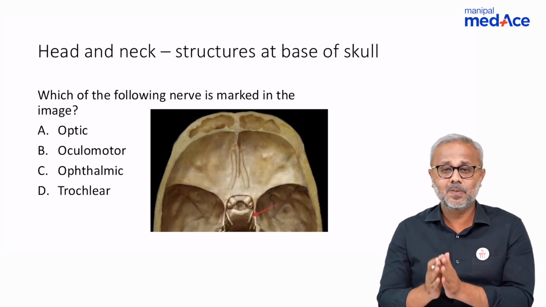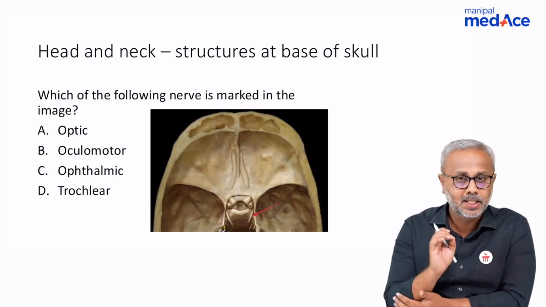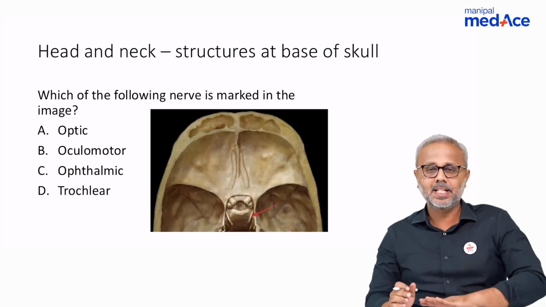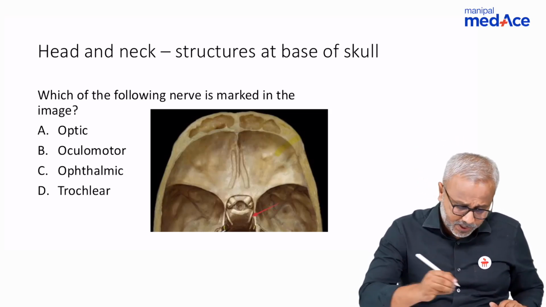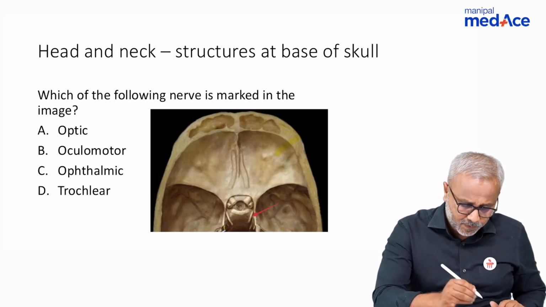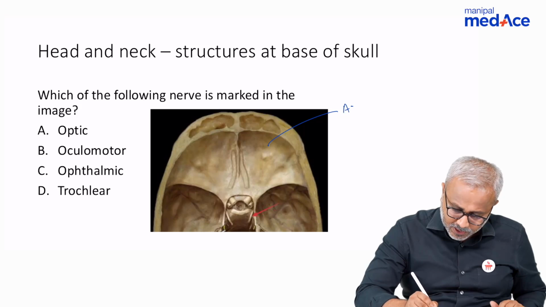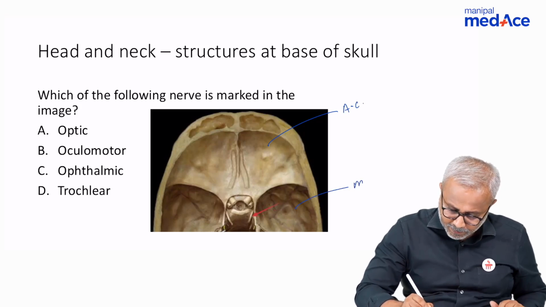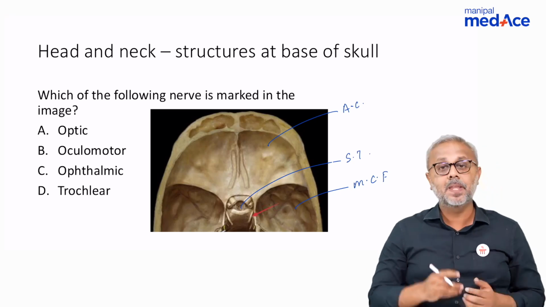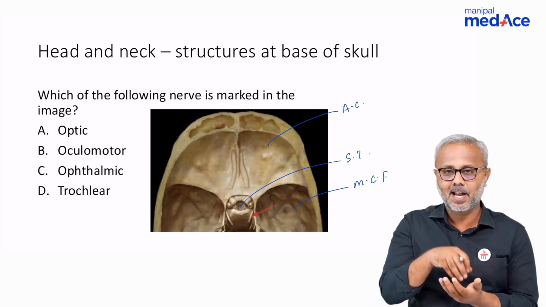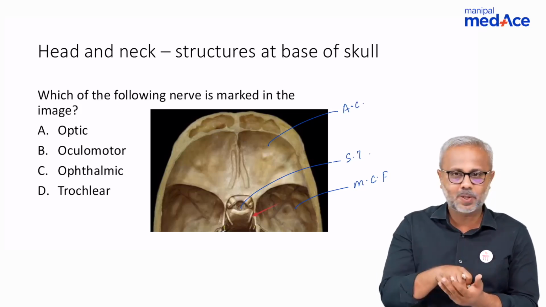This probably was the image, and they are asked to identify the pointed nerve. So remember, this is the interior of the cranial cavity. Okay, so what we have here is, this is the anterior cranial fossa, right? So let's mark it. So we have the anterior cranial fossa, and this is the middle cranial fossa, and this is the region of sella turcica, where the center is depressed and called the pituitary fossa or the hypophyseal fossa, where we have the pituitary gland located.